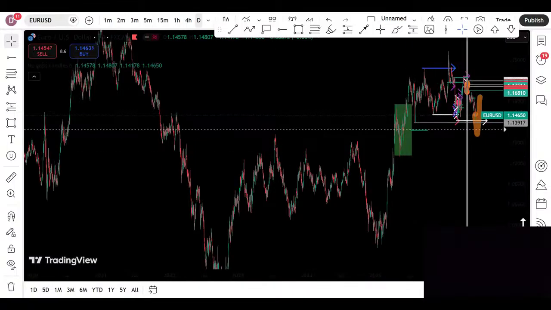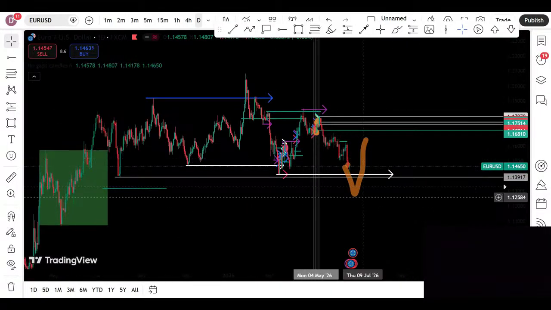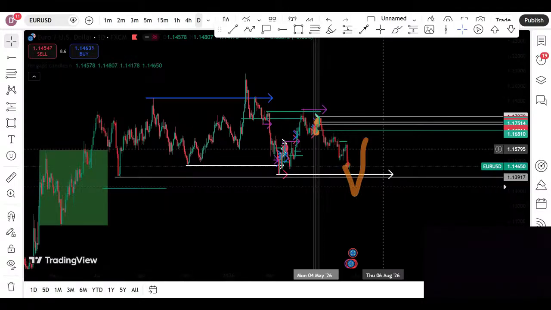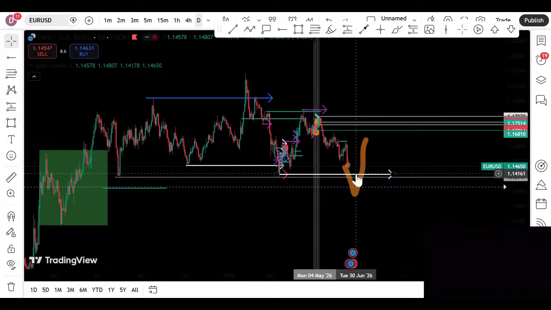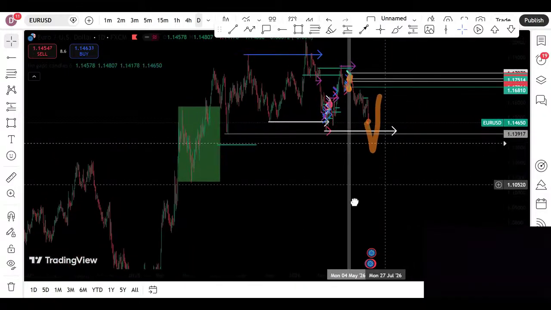So maybe in the coming week it will come down to this zone. Maybe in the coming months it will then start retracing back, going higher, right?